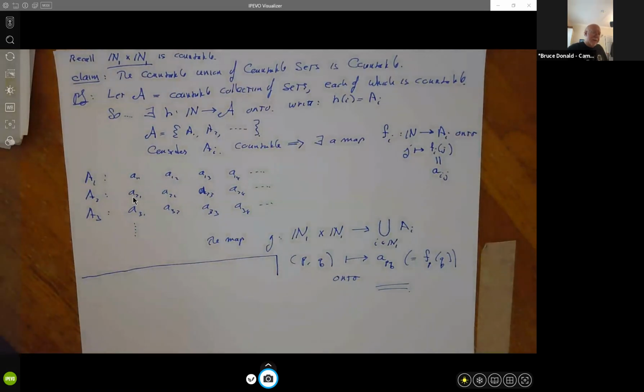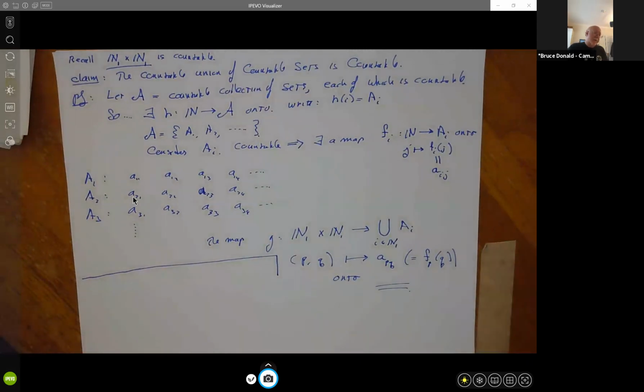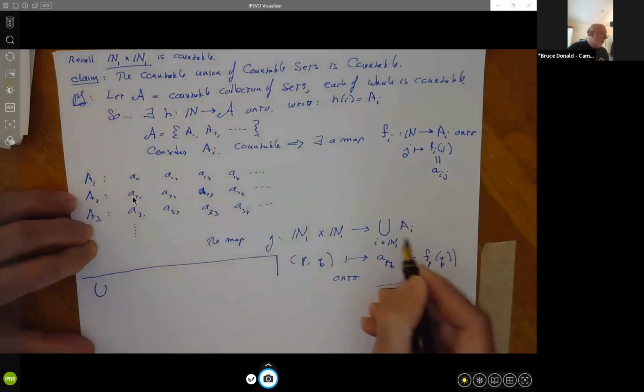This fact is actually surprising to mathematicians, because this situation doesn't always hold for other constructions. So we've just shown that the countable union of countable sets is countable, but it turns out the countable product of countable sets need not be countable. So we've looked at a creature that looked like this. I'm just recopying this here.